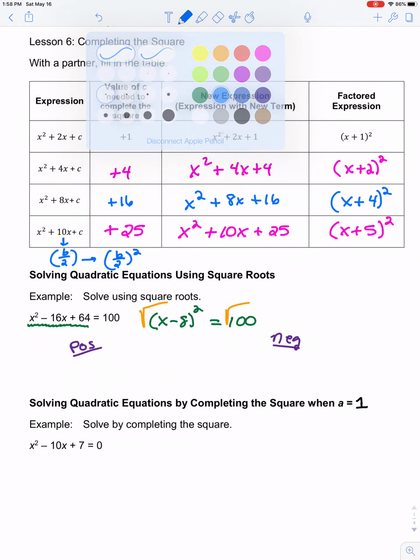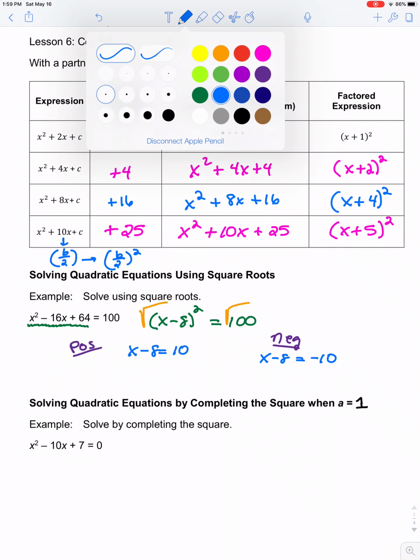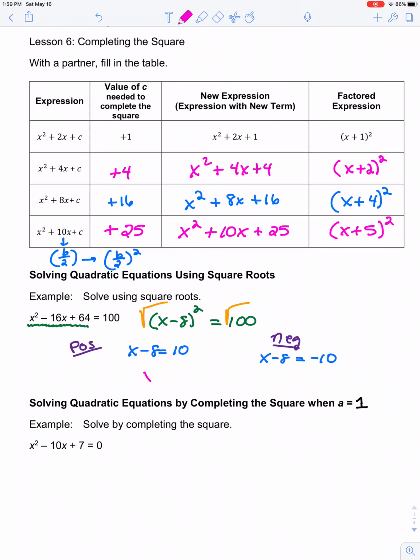So the positive means x minus 8 equals the square root of 100, which is a positive 10, or we also have x minus 8 equals negative 10, because negative 10 squared is 100, positive 10 squared is 100. So we do get two answers. Solve for x. x equals 18, x equals negative 2, and those are your two answers.